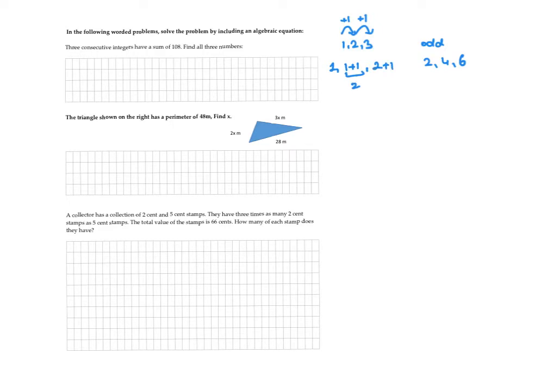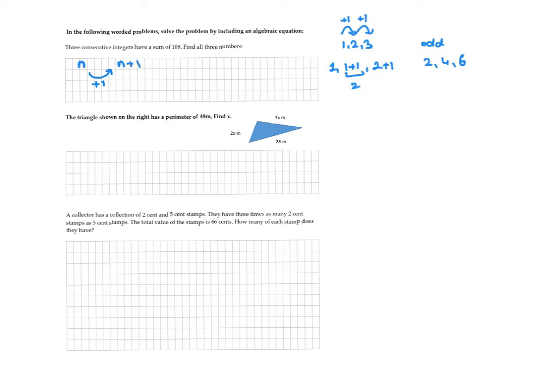Because we don't know those numbers, we're going to use unknown variables, x, y, z, whatever you want. Because we're talking about numbers, let's use n. So the first number is n. The next consecutive one has to be one more, so it's n plus 1.